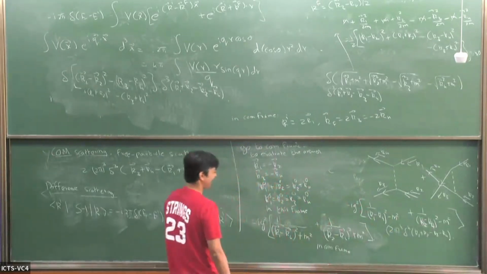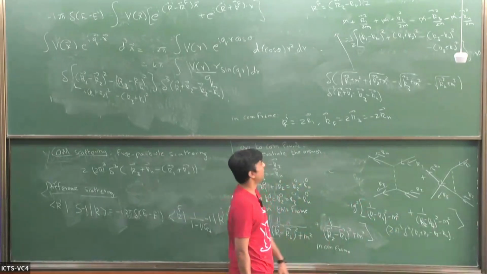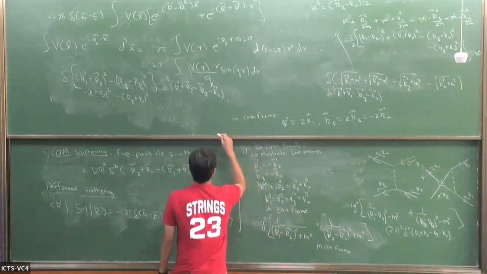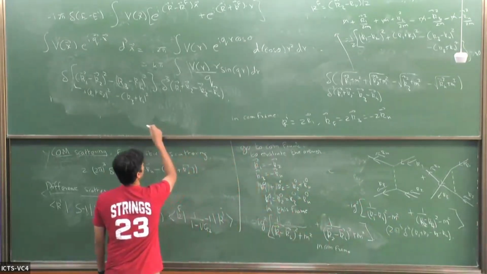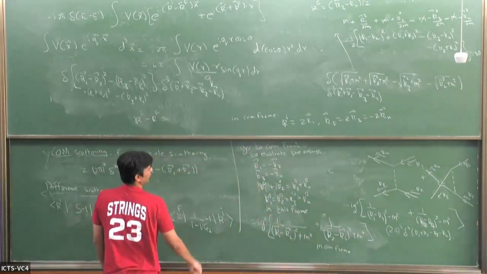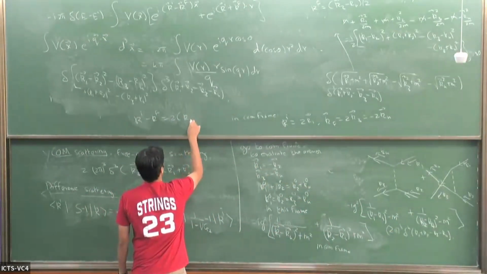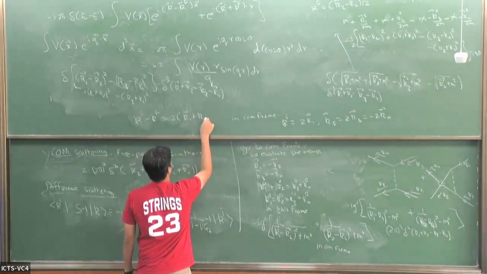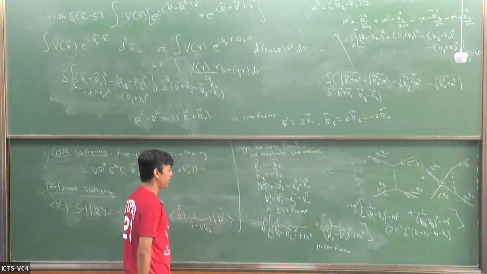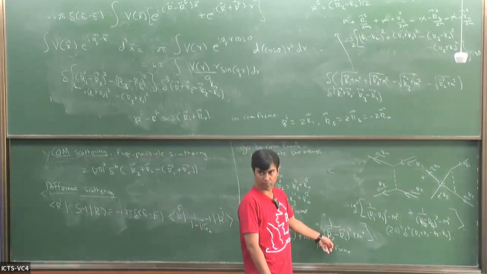Okay. In fact, you see, K2 is just the same as minus K1. So Ki minus Kf is just equal to twice of K1 plus K4. That's one term that you have here. You can think of this as K1 plus K4 because K2 is minus K1.